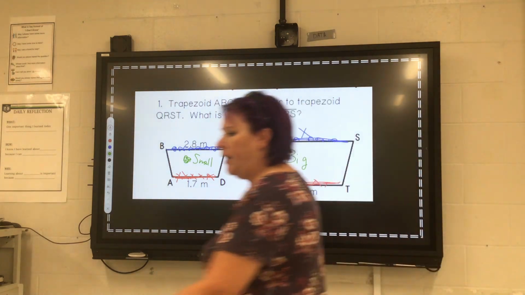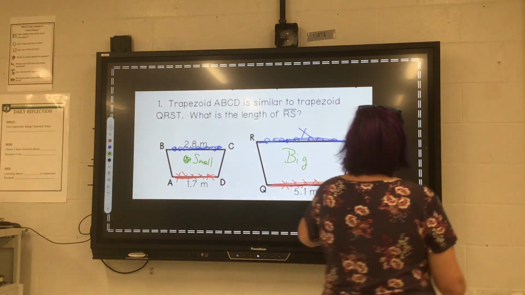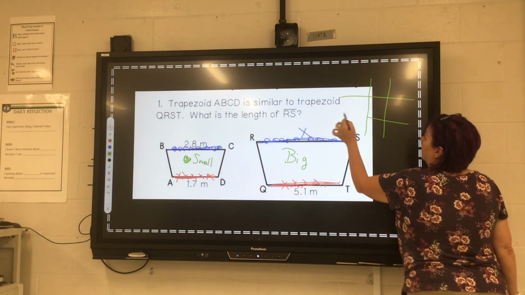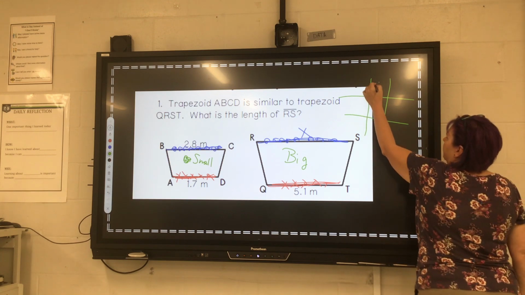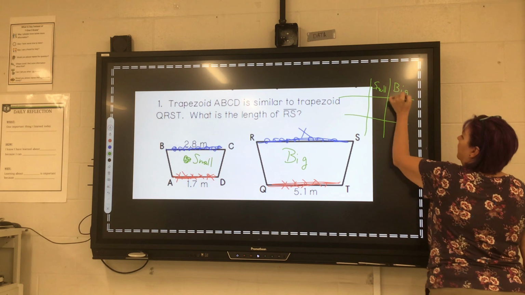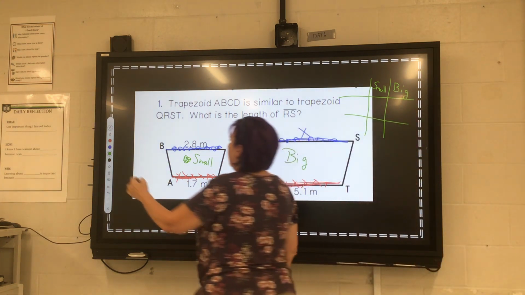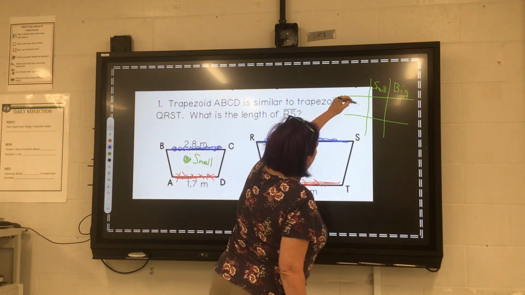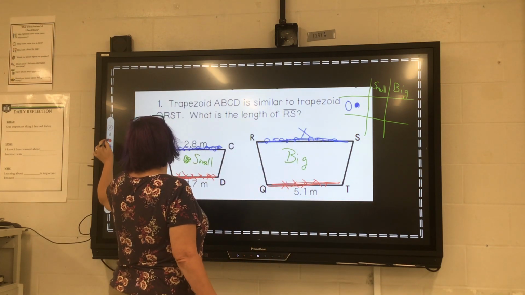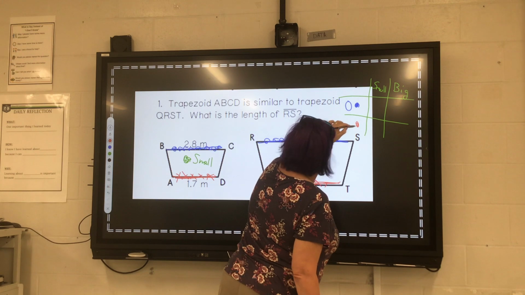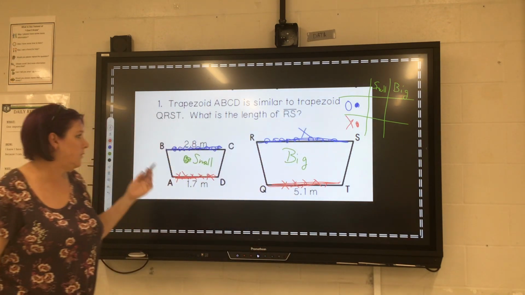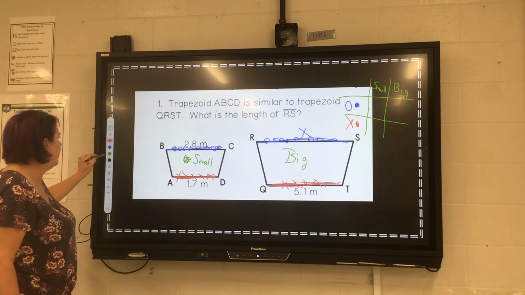Okay, so now I'm going to make my proportion table, and I'm going to make small and big, and I'm going to make this one blue, or my circles, and this one red, or my X's, whichever one you've got it marked with, or however you have it marked.